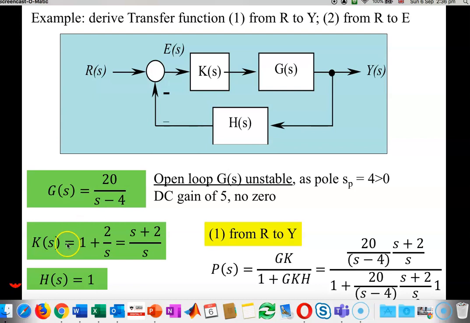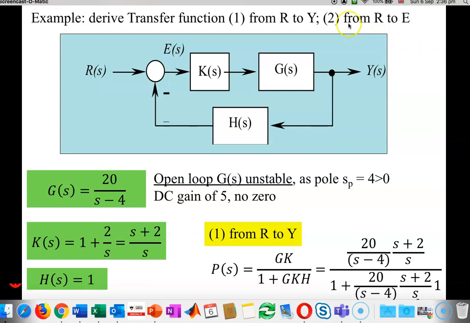For the controller, I'm going to reorganize that transfer function a little bit, so it makes life easier later on. Multiply 1 by s over s, so that becomes s plus 2 over s. I have 2 parts to the requirements here. Requirement number 1 is to find the transfer function between the overall input and the overall output, Y(s), i.e. I want to find the ratio between Y(s) and R(s).